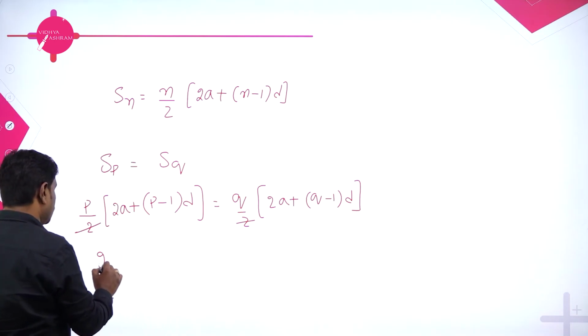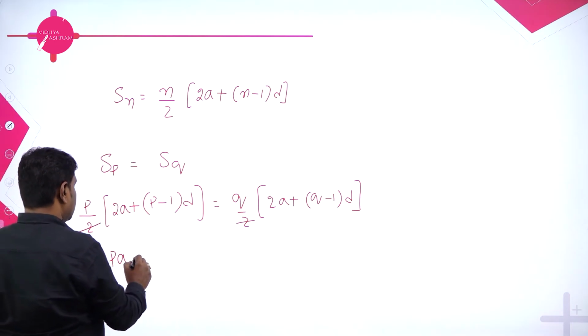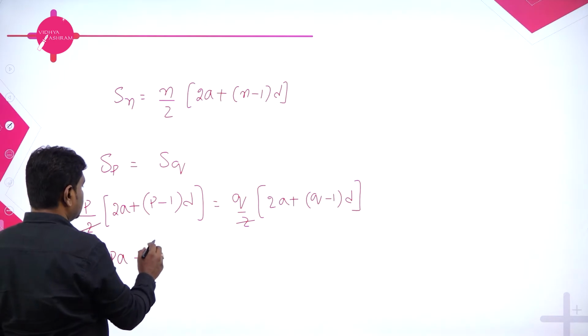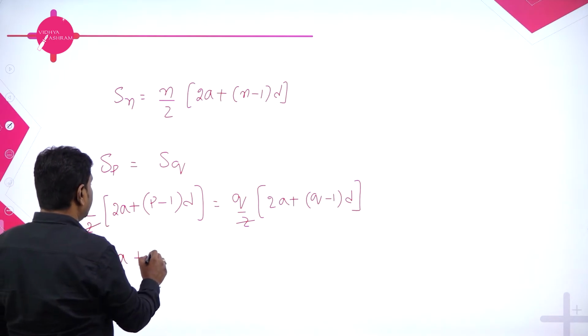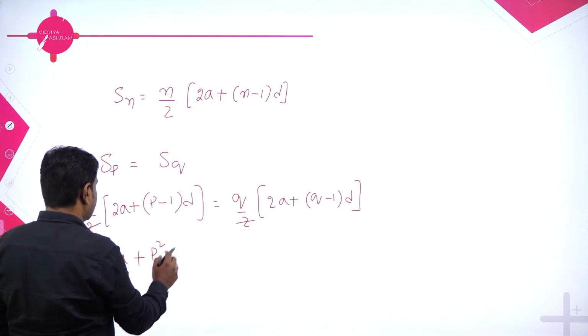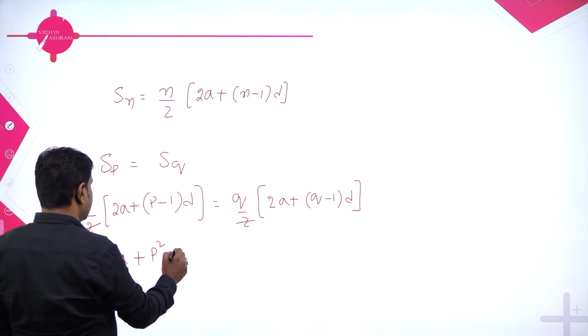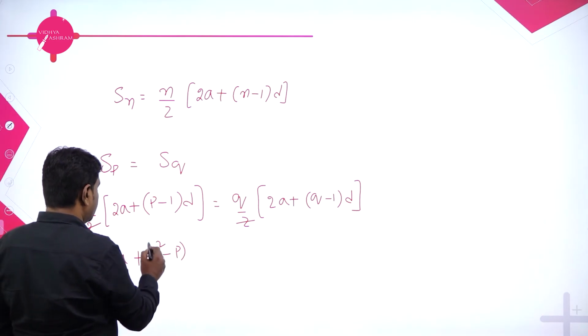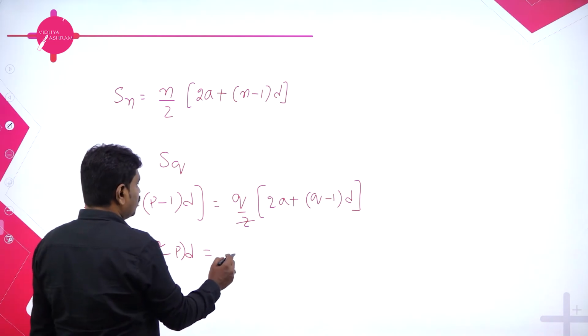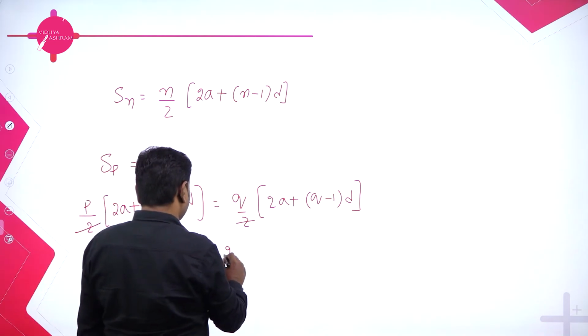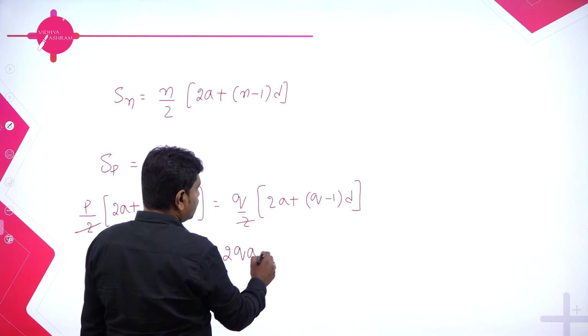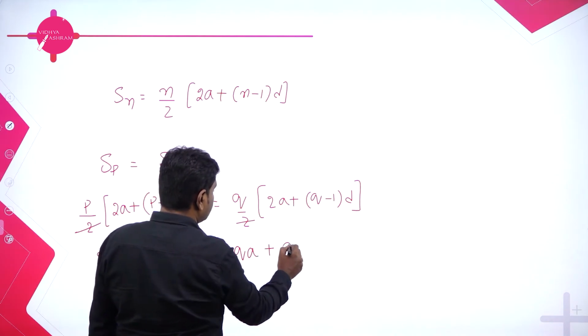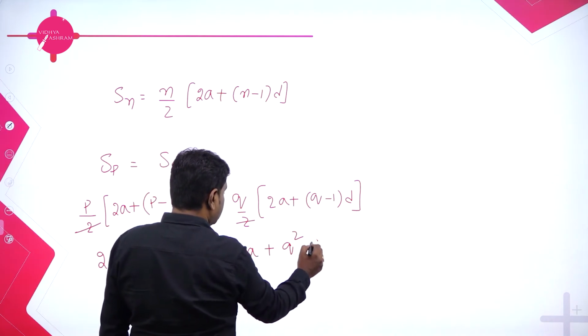Simplify this, I get 2pa plus, multiplying this, p square minus p into d, is equal to, multiplying this, 2qa plus q into q is q square minus q into d.